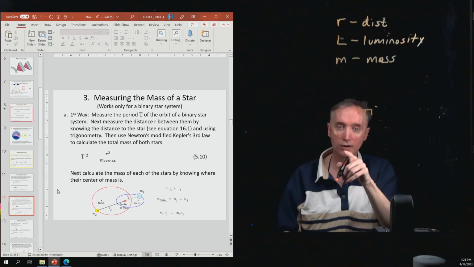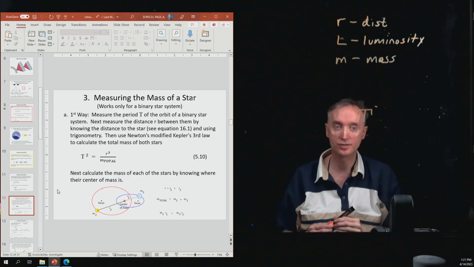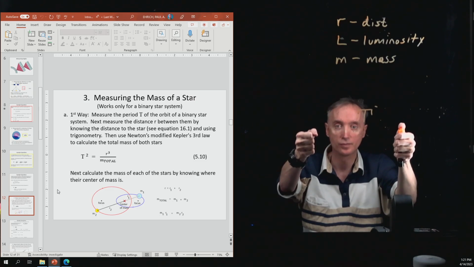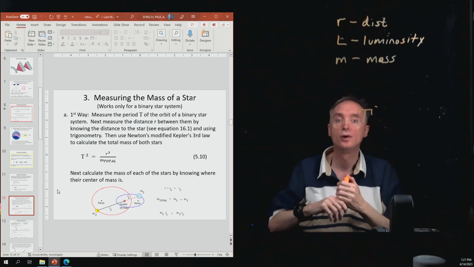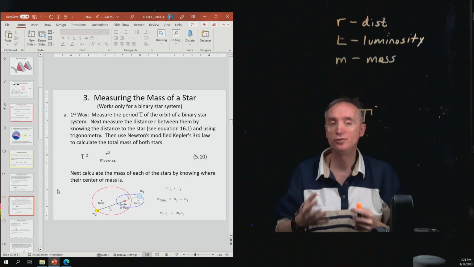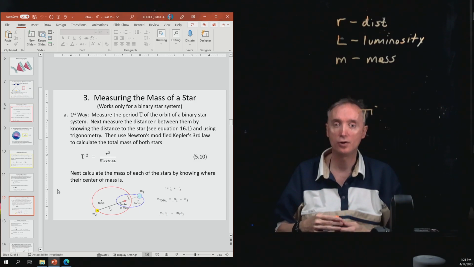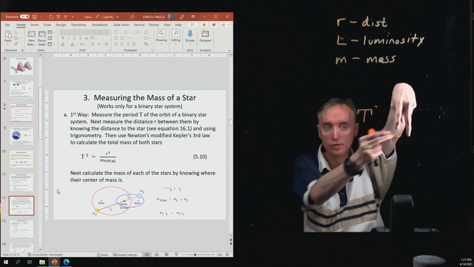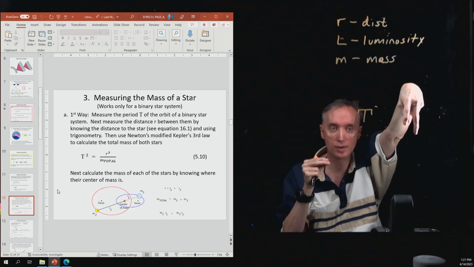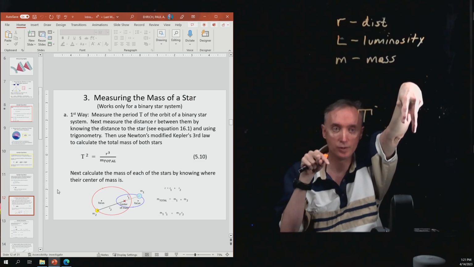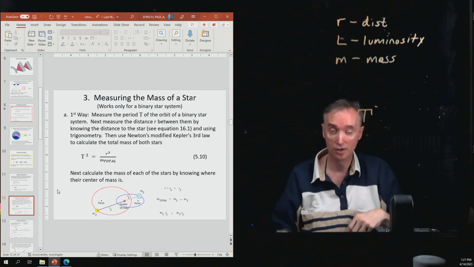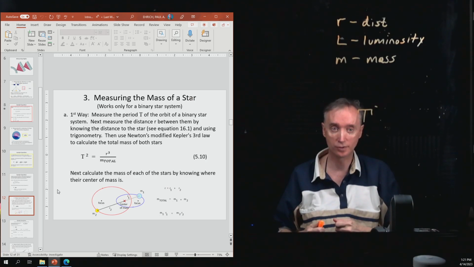The R that's in that formula is going to be the distance between the two stars, and you can do that by using some geometry. If we know the distance to the two stars, and we can measure the angle between the two stars, we can figure out the distance between the two stars using trigonometry and geometry.